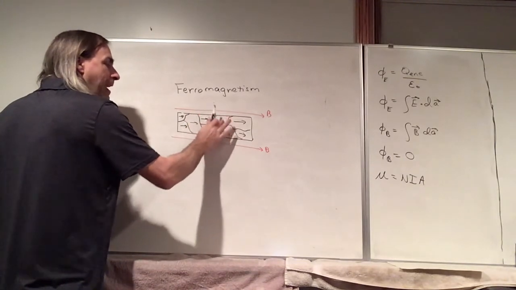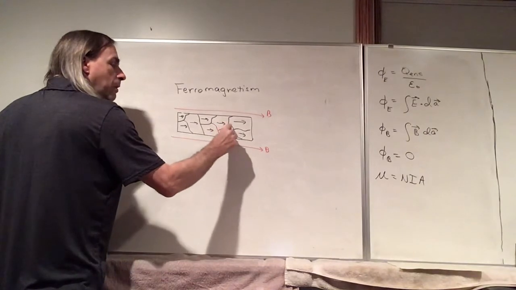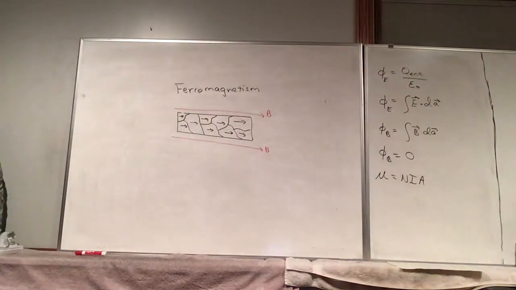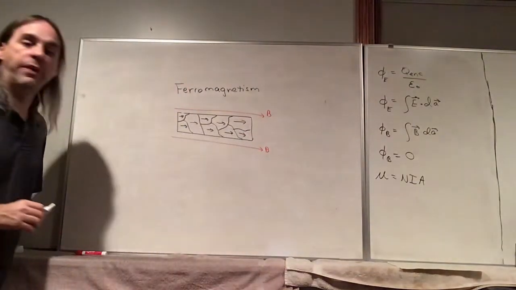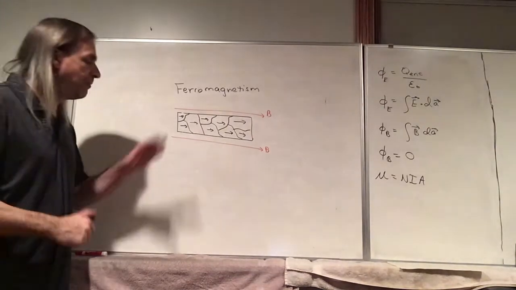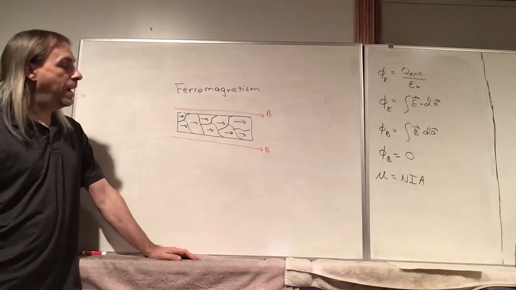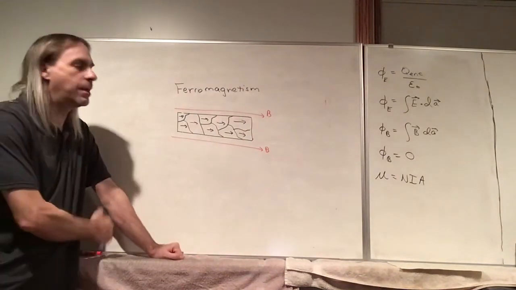Obviously it can't be instantaneous, but nearly so. And so now we create a very strong internal field. So if you have iron and you apply an external field, you can get all these domains to line up. And so it kind of looks like paramagnetism now, except maybe the details are different.